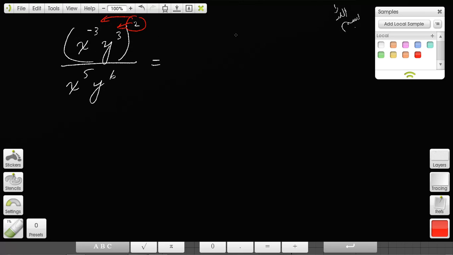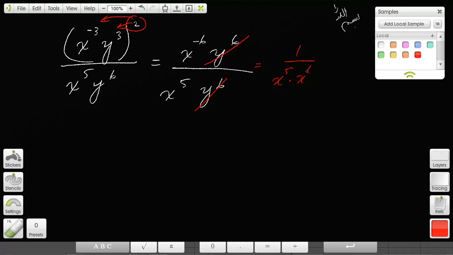Power of a product property. So now I get x to the negative 6th and y to the 6th over x to the 5th and y to the 6th. When I have negative exponents, I like to bring them down. Here I can see these two cancel. So 1 over x to the 5th times x to the 6th, and this becomes 1 over x to the 11th. So that's how I would do that one.